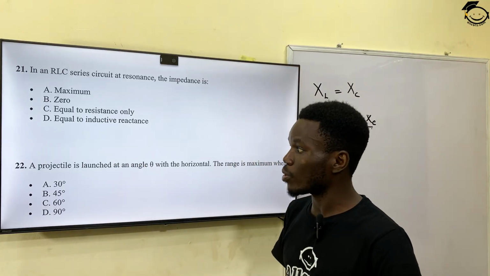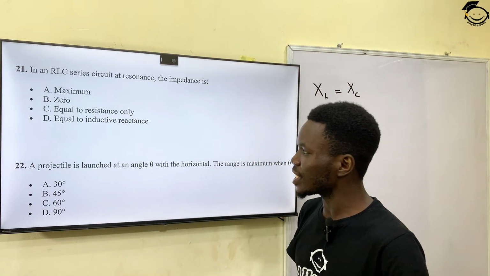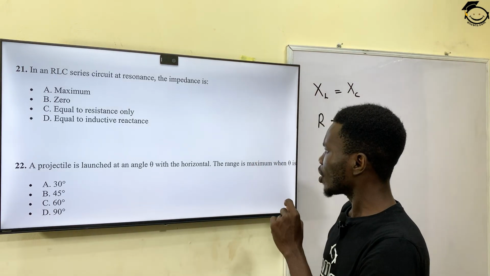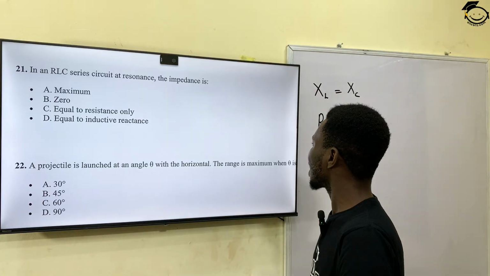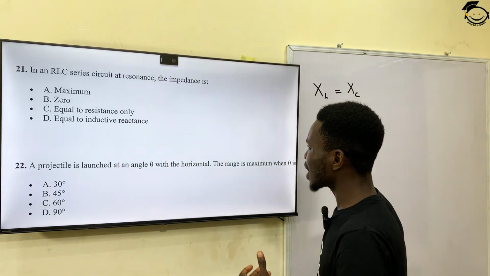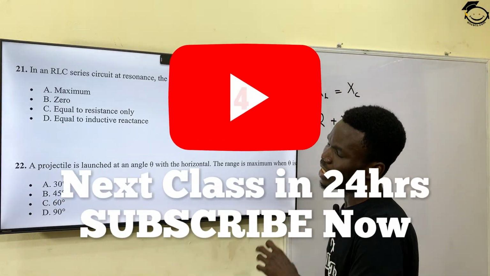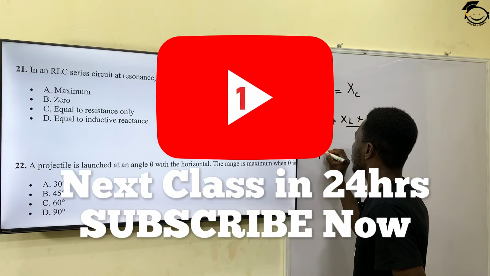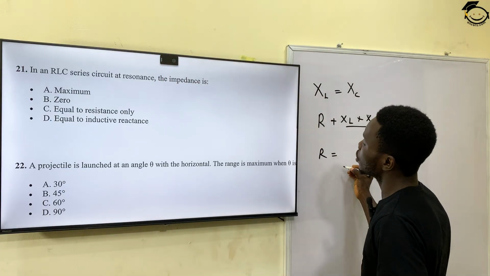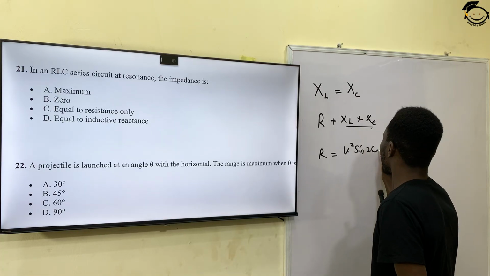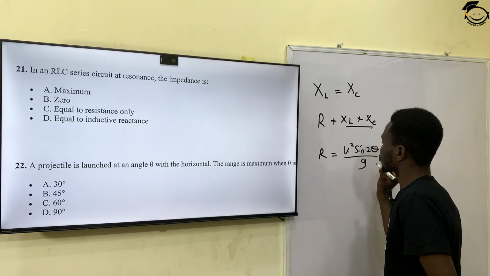So that takes us to question number 22, which says a projectile is launched at an angle of theta with the horizontal. The range is maximum when theta is dashed. So at what angle is the range maximum is what they're asking us. And we know that the range in a projectile is u squared sine 2 theta over g.